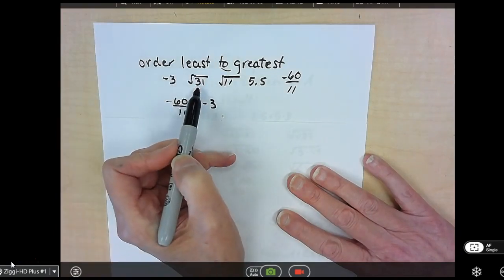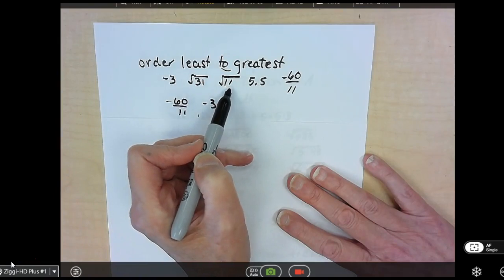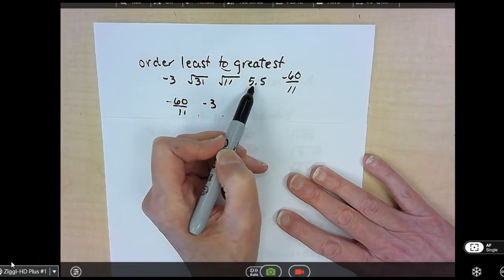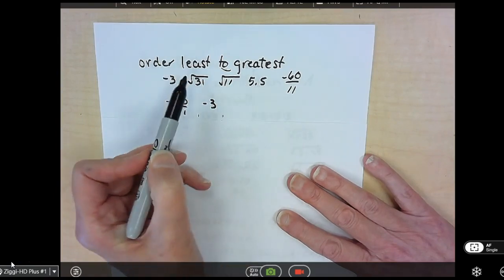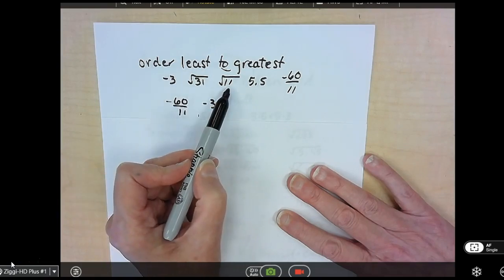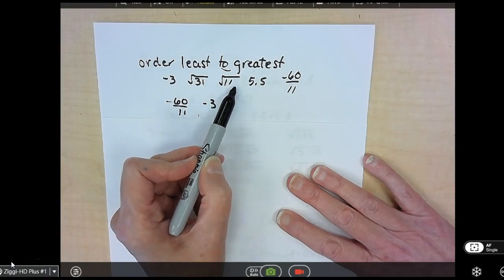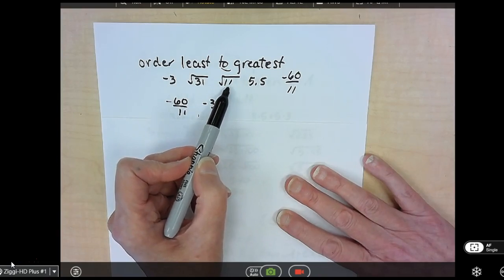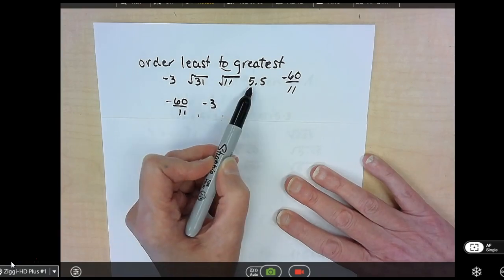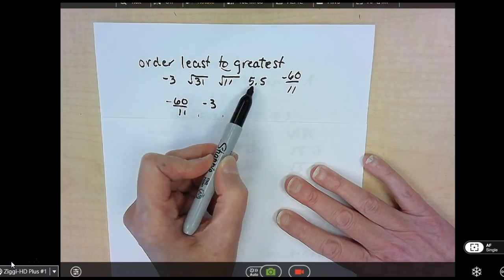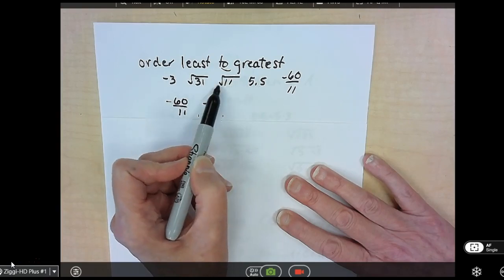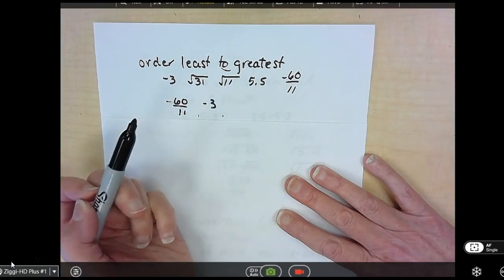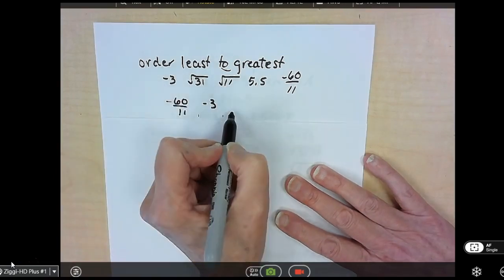So now we have square root of 31, square root of 11, 5.5. So if I think of my numbers squared, 1 squared is 1, 2 squared is 4, 3 squared is 9. So this is a little over 3. 4 squared is 16, which I am less than 16, so this has to be between 3 and 4.